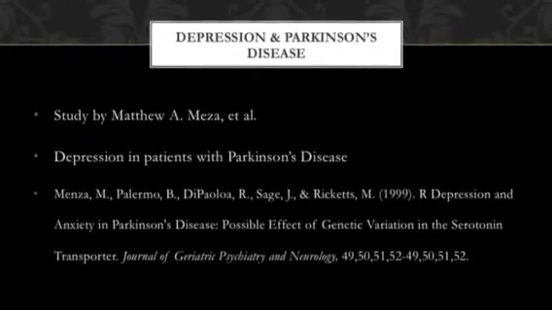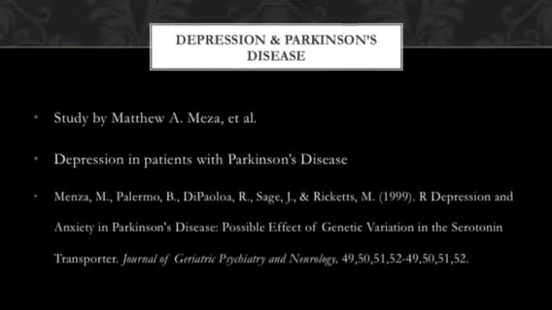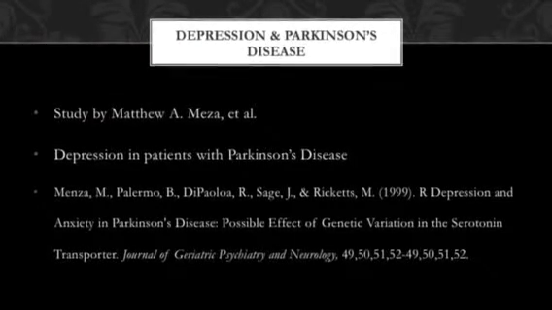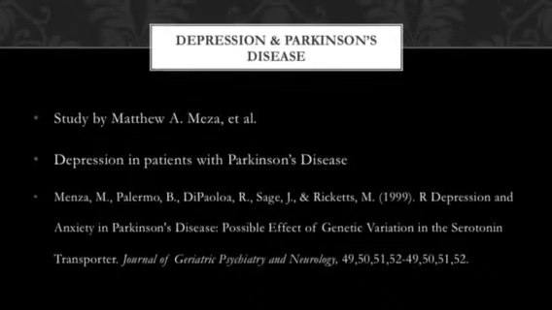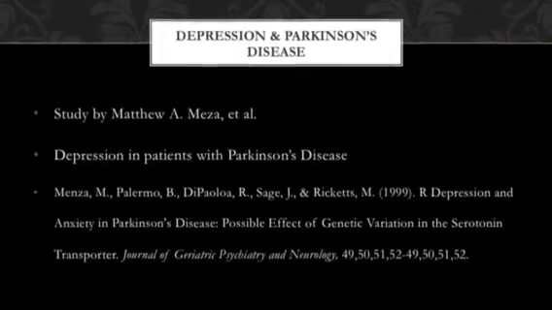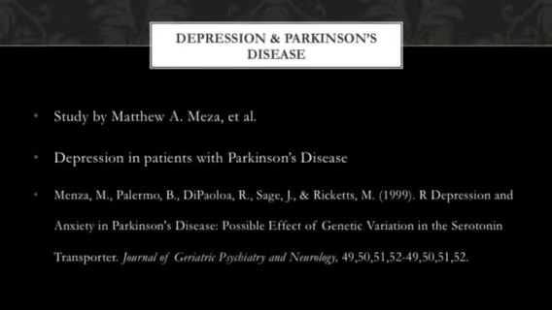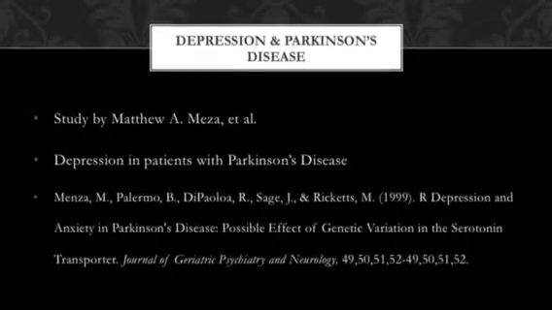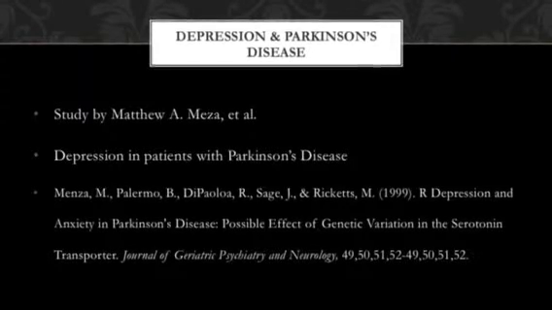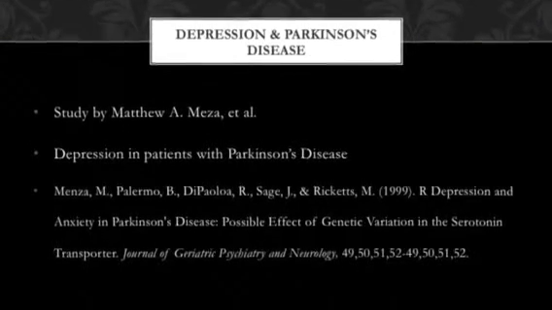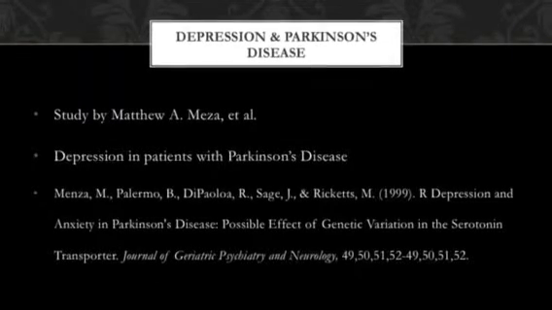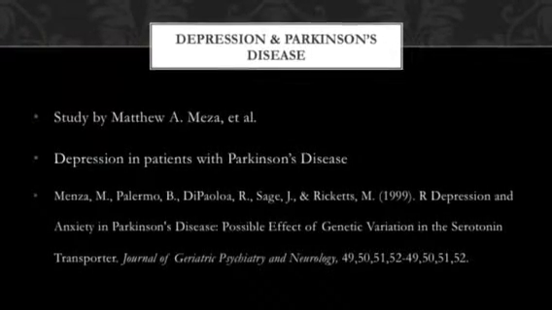So I looked at a study done by Matthew A. Meza and his associates on the effects of depression and anxiety in patients with Parkinson's disease. They specifically looked at the role of serotonin transporters, and more specifically, they looked at both of the alleles. If you remember from earlier in the video, there are two types of alleles, short and long.